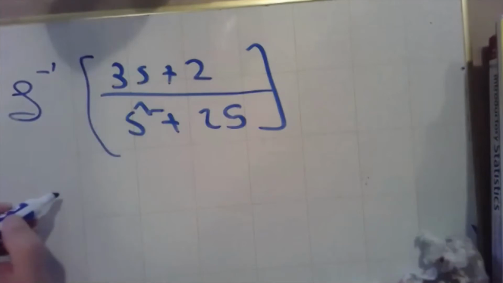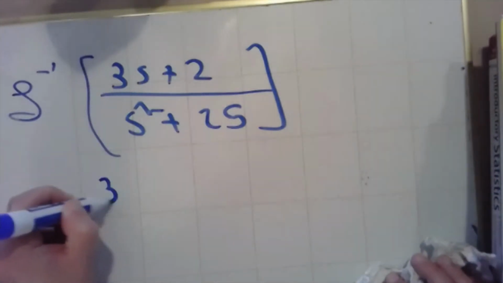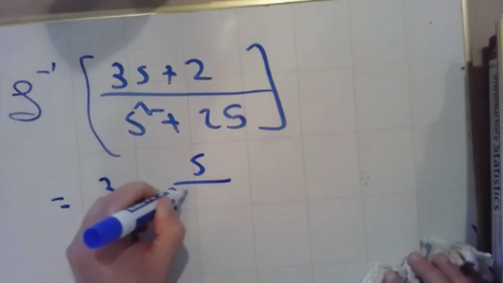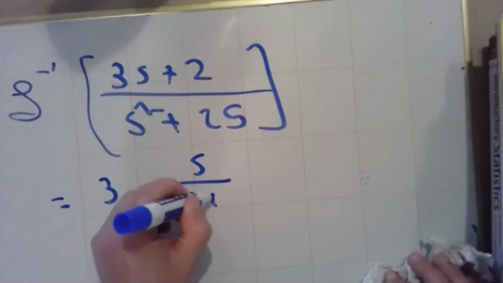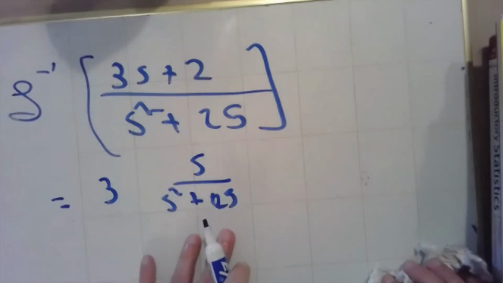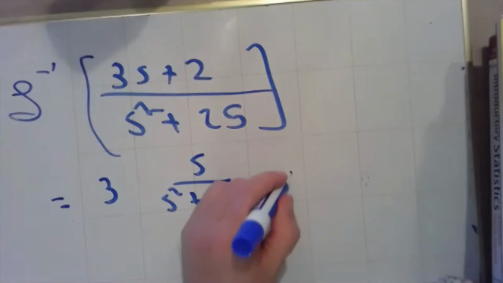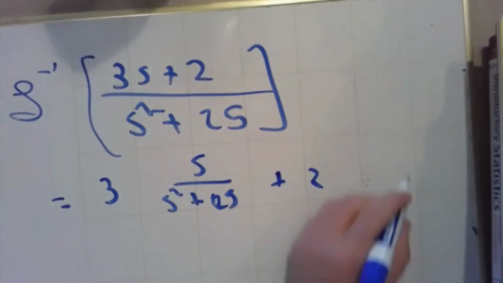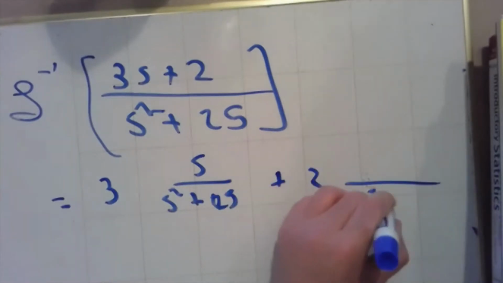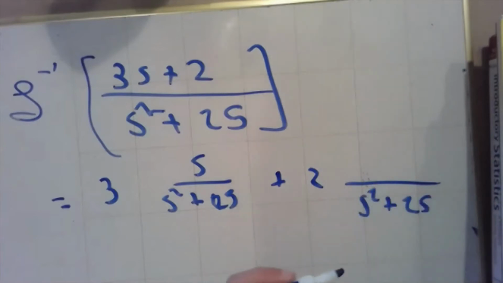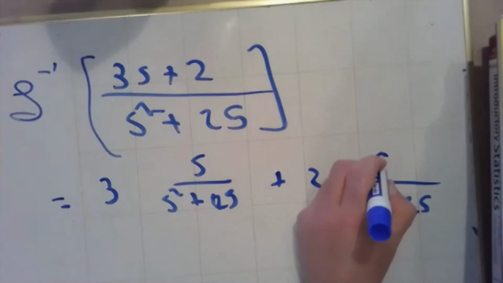So split this up. I'm going to pull that 3 out. S over s squared plus 25. That's going to be a cosine plus 2. Now to use that sine formula, I need to have a 5 up here.